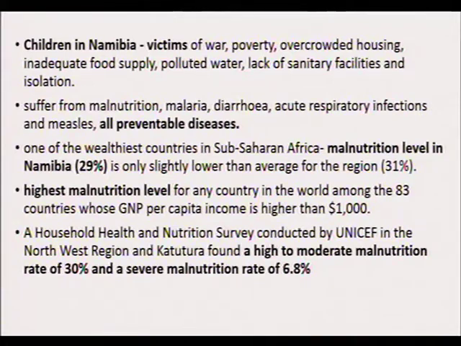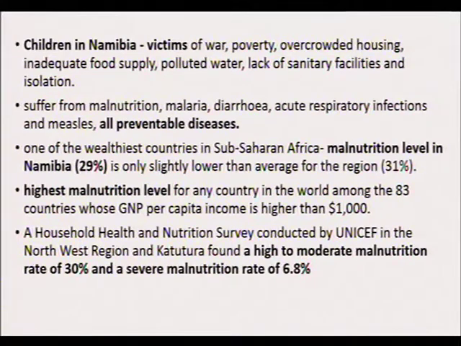Though Namibia is one of the wealthiest countries in sub-Saharan Africa, our malnutrition level is 29%, which is only slightly lower than the average for this region. We have the highest malnutrition level for any country in the world among the 83 countries whose GNP per capita income is higher than $1,000.